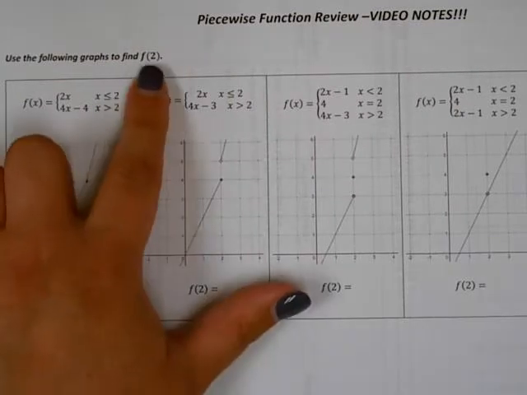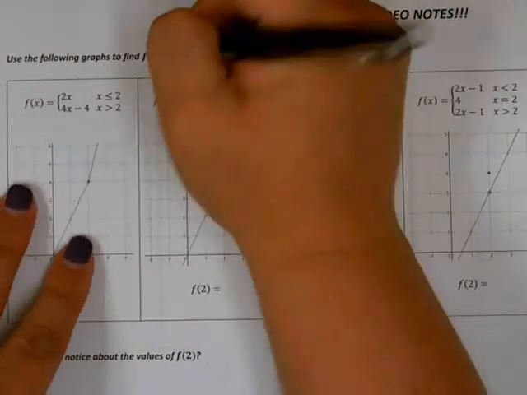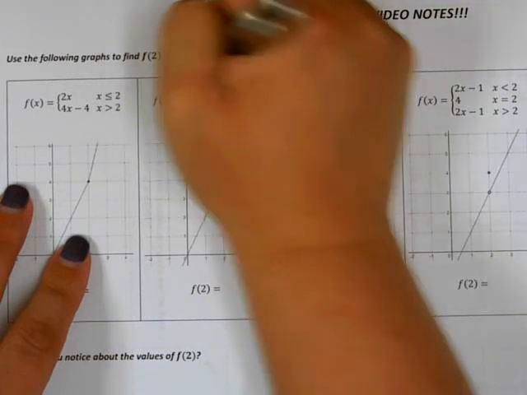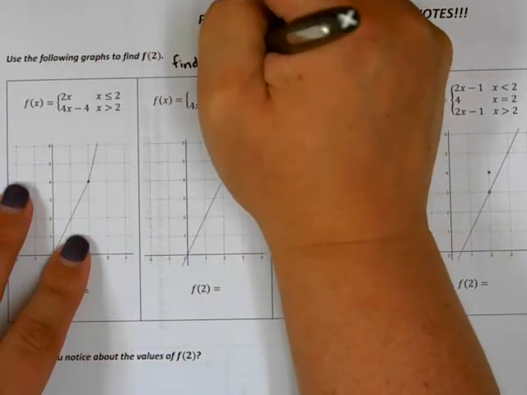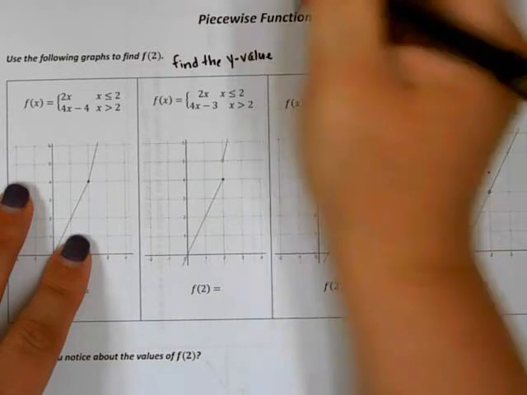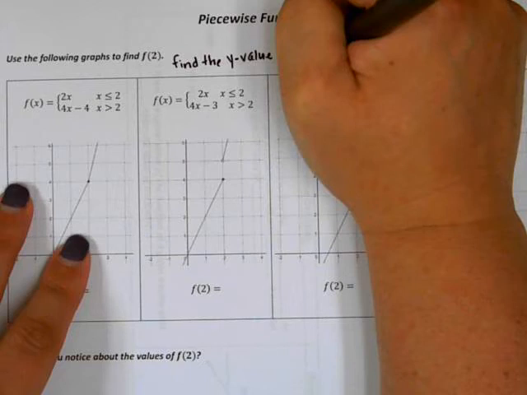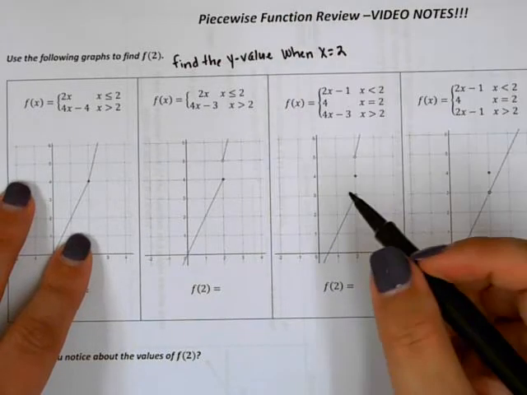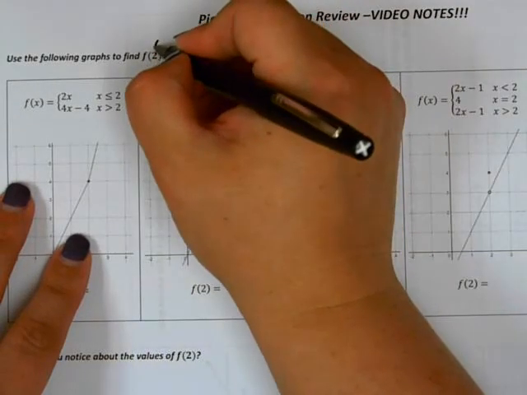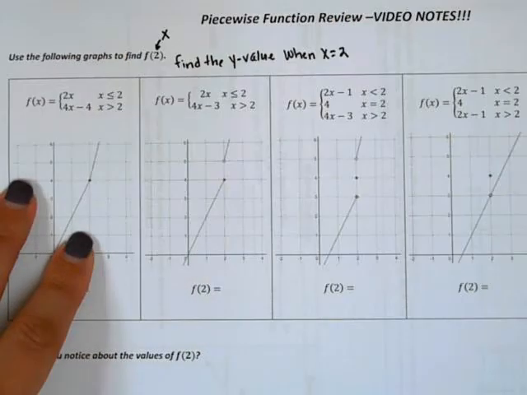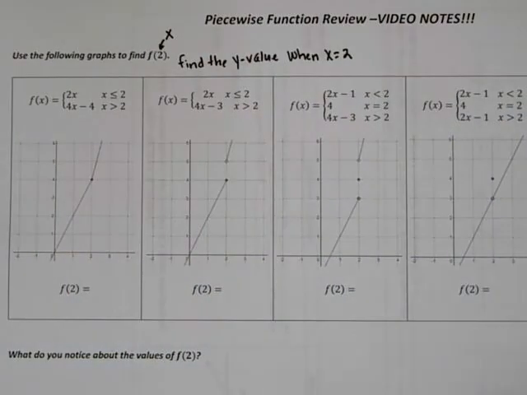So when it says f of 2, what this is really asking you to find is the y value when x equals 2. We know that this number inside of the parentheses here is always going to be an x value. So in this particular case, we're going to find the y value when x equals 2.